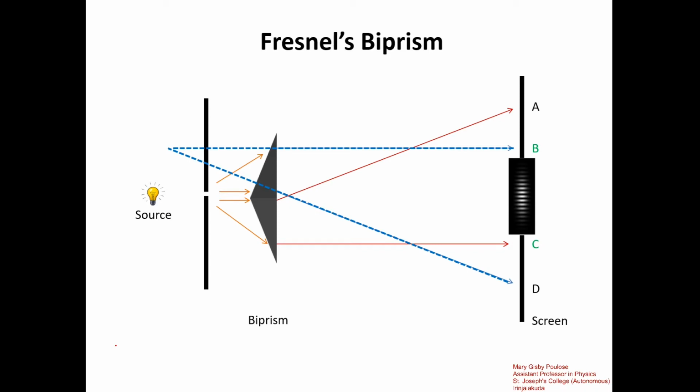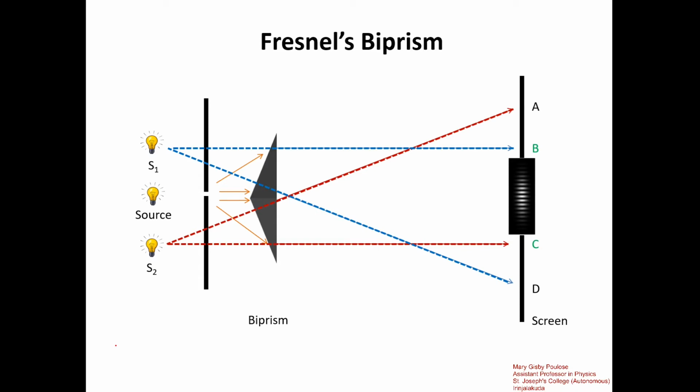Now, if you backtrack these rays, we can see that the blue rays meet at a point just above the source to form a virtual source S1. And backtracking the red rays, we can see that they meet at a point below the source to form the virtual source S2.